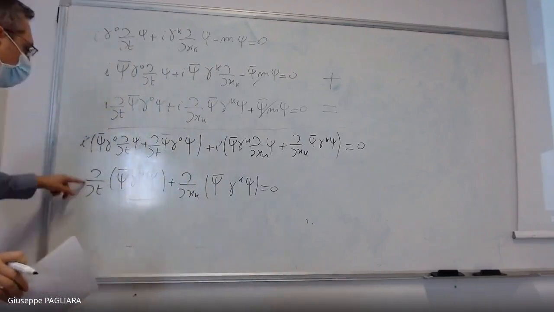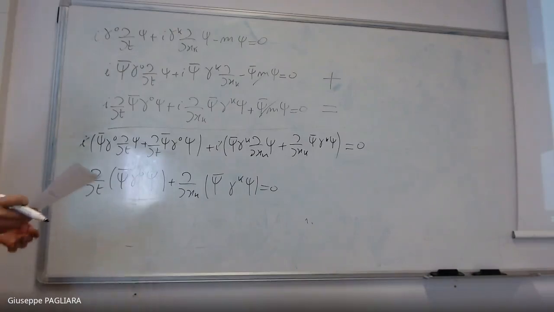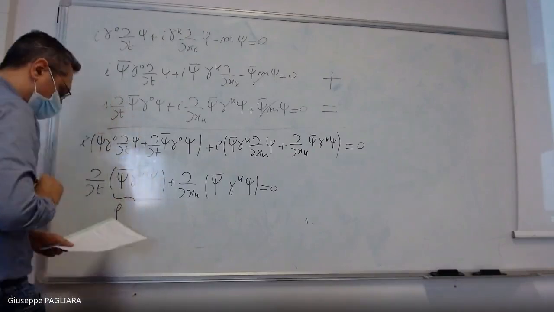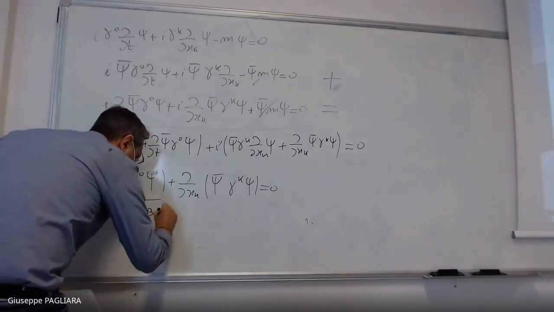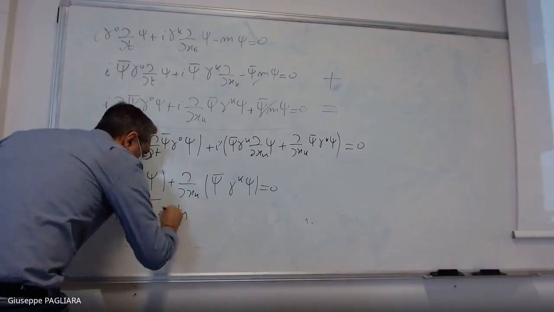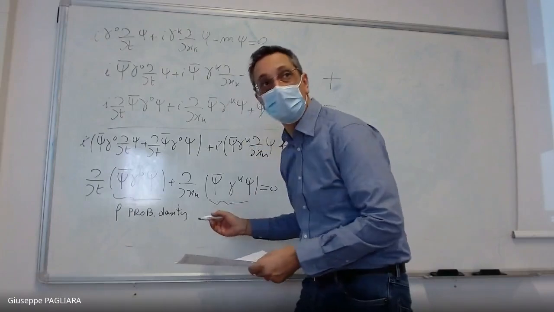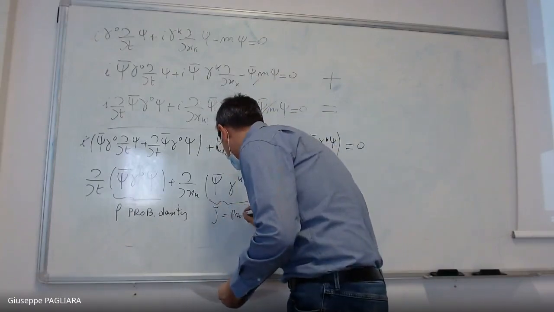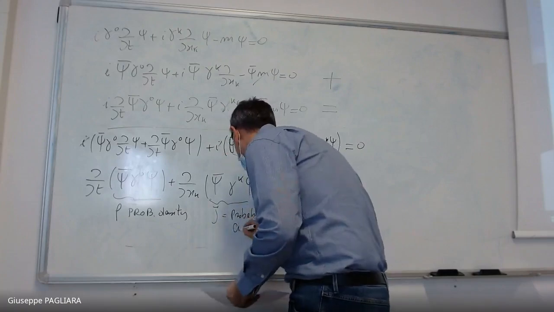You can just check that. You take the derivative, you get back to this. So what is this? This we can call rho, the probability density. This, with the spatial coordinates, is nothing less than the probability current. So it's a vector J, which is the probability current.